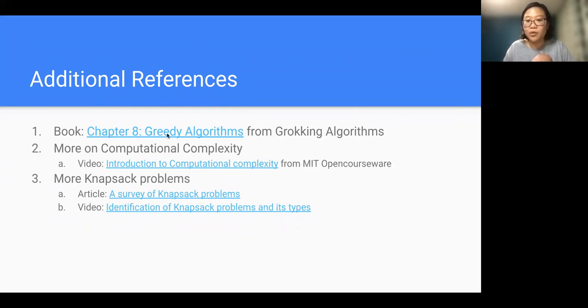Chapter 8 of the Grokking Algorithms book also talks about approximation. They also use the bags of flour example, but in that example you're a thief stealing items from a house, and you have to steal as fast as possible and maximize for the price. Very similar type of problem.